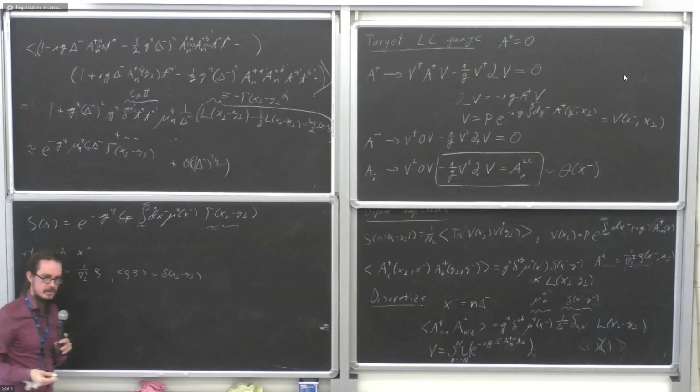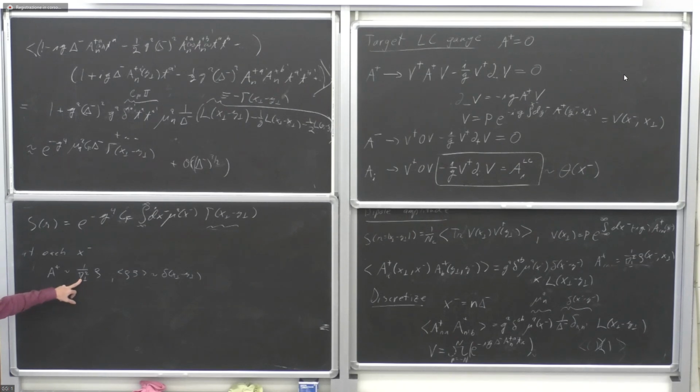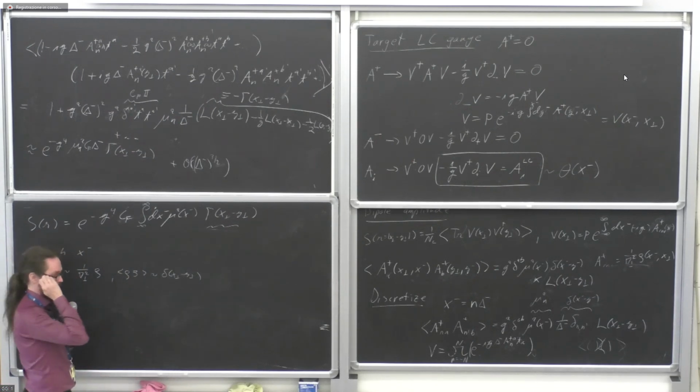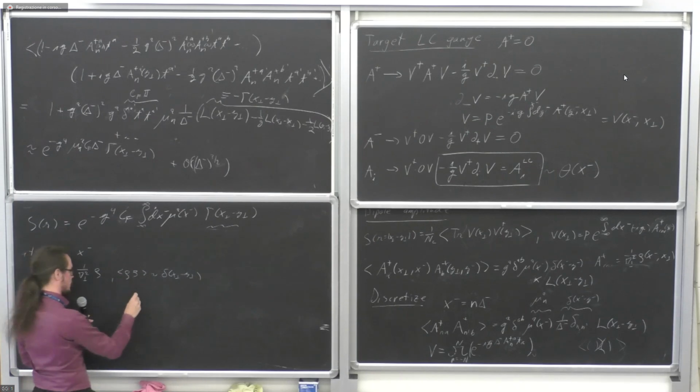You know that to solve this kind of equation you solve it by Fourier transforming. Here I'm going a little bit quickly in the interest of time. So you need to Fourier transform this correlator. The Fourier transform of a delta function is going to be a delta function. I'm going to Fourier transform it with respect to both.